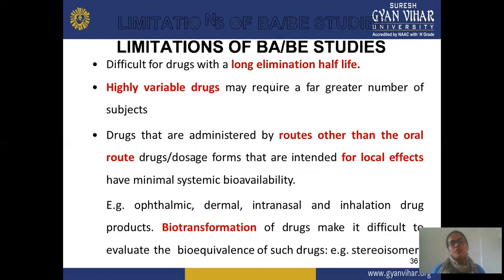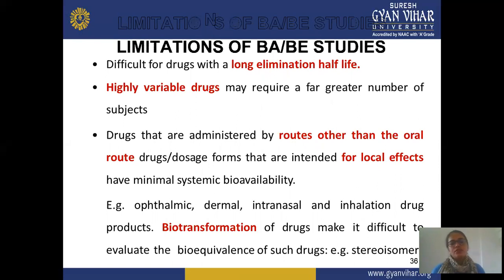Next are the limitations of bioavailability and bioequivalence studies. The first is that it is difficult for drugs with a long elimination half-life. Next, a highly variable drug may require a far greater number of subjects.